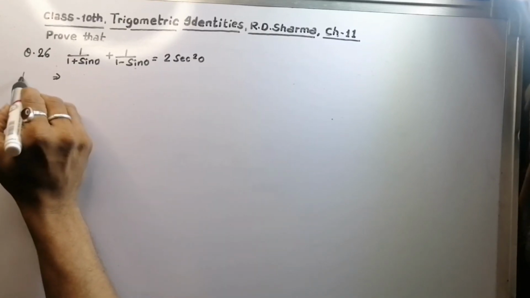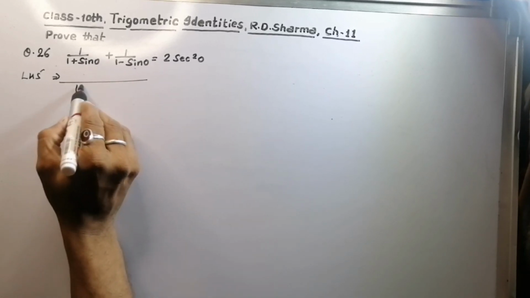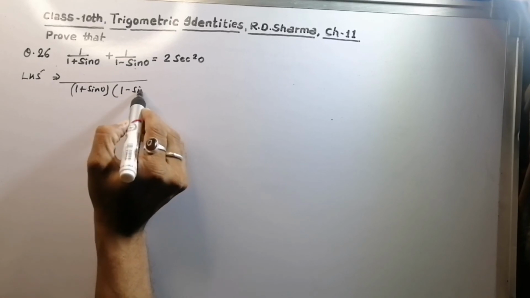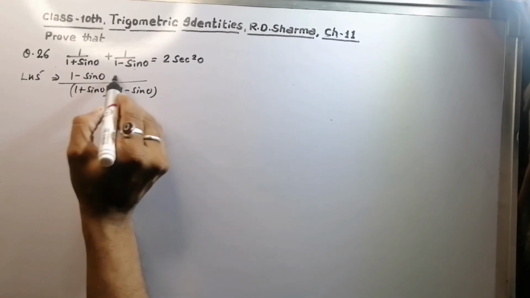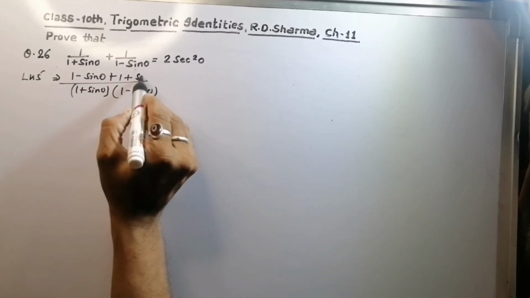All will be divided by each other, so all are deleted, and on the right hand side we can write 1.